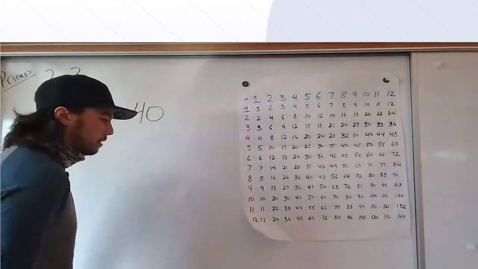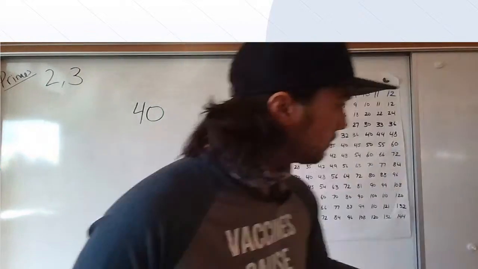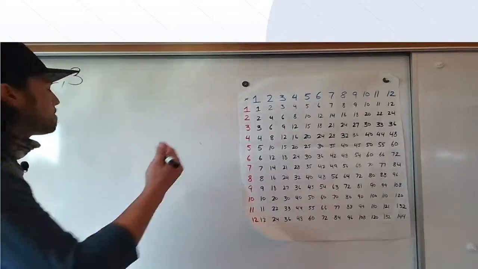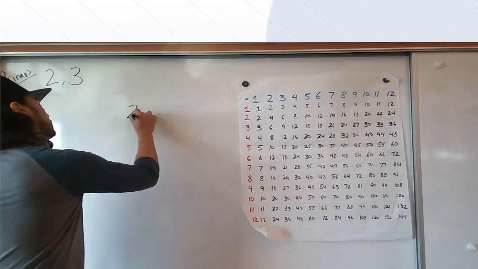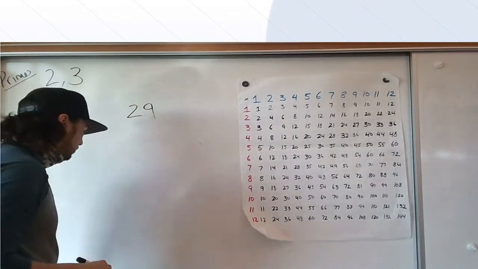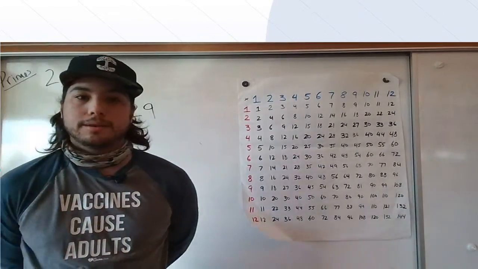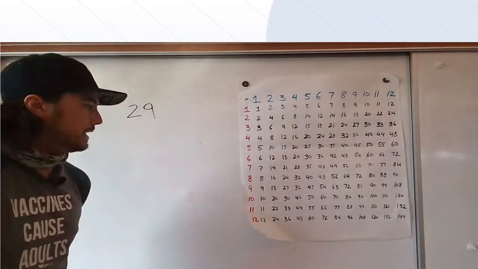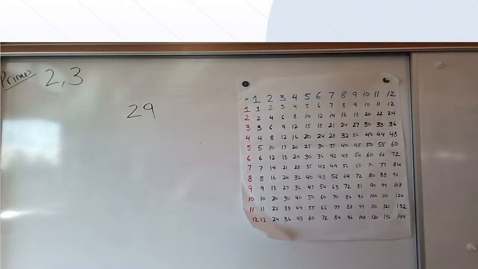Okay, what about a number like 29? Let's just go down by a few here. 29. Do we see 29 anywhere on this multiplication chart?